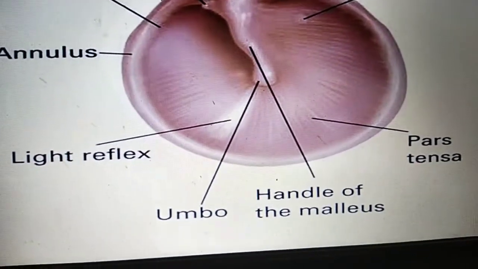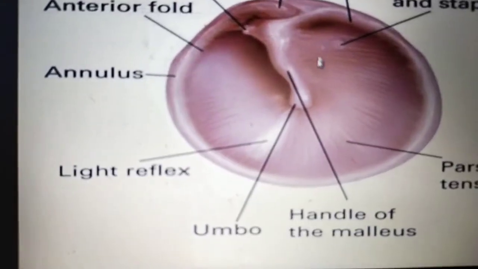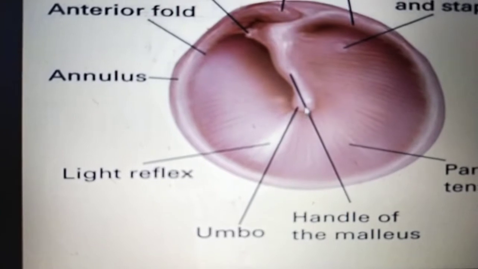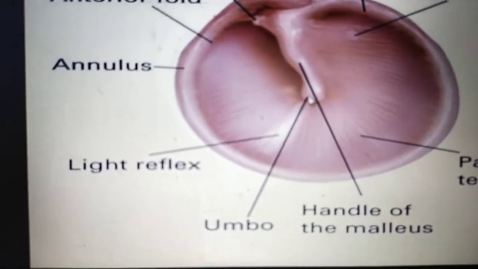Now the umbo. This is the umbo, the central most inverted portion of the eardrum.